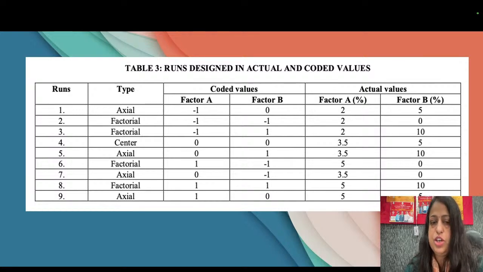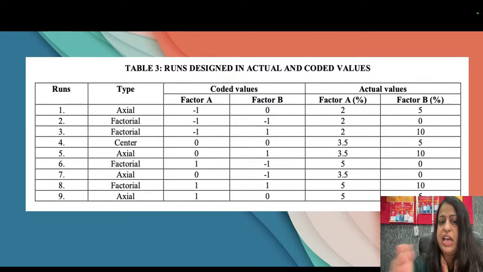So -1, 0 means it is the minimum of factor A and the medium of factor B, one combination. Then the minimum of both factors, the second one. Then the minimum of factor 1 and the maximum of factor 2, this is the third combination. Likewise it will select all minimum with all maximum, all medium with all medium, all maximum with all maximum.